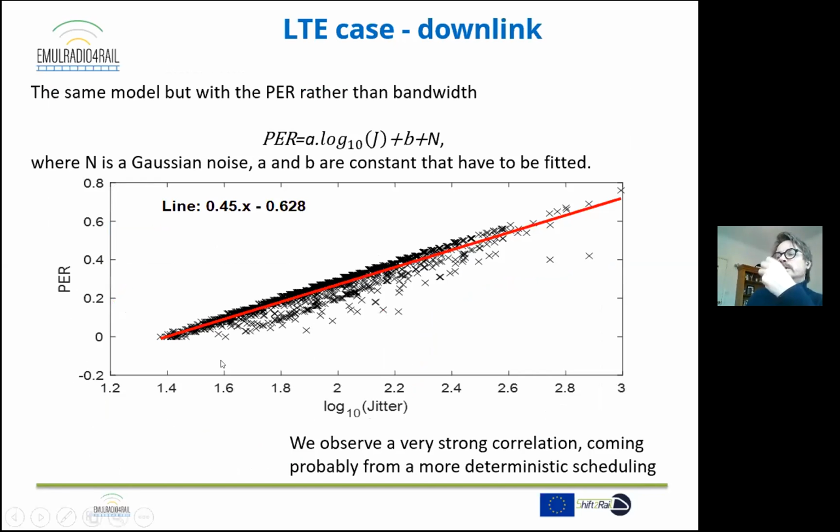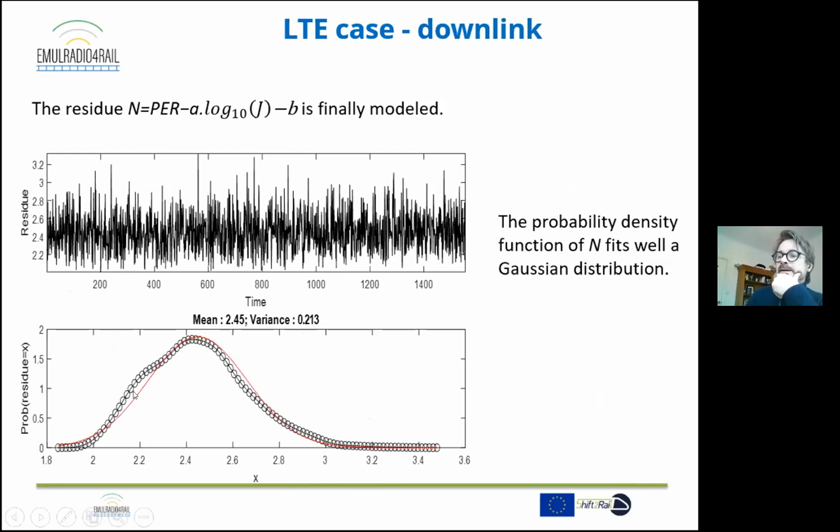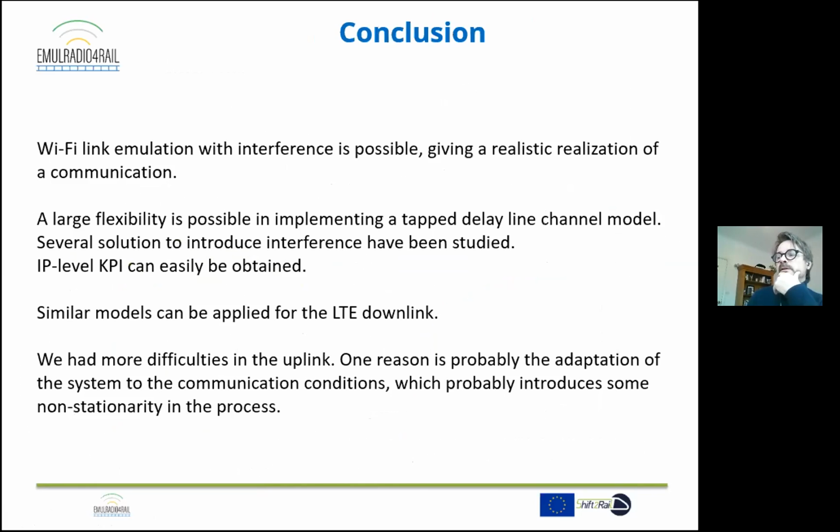And the link between packet error rate, so packet loss, and jitter is very, very linear. There is a very, very strong correlation, and you really need to account for this. But our model still does fit. There is perhaps this little deviation there that I don't know if we have to take into account. But the process still goes.